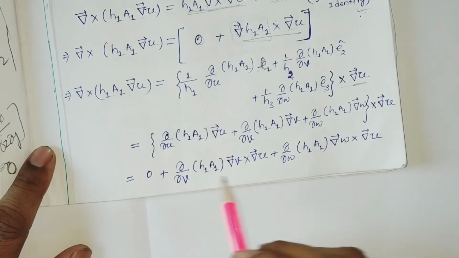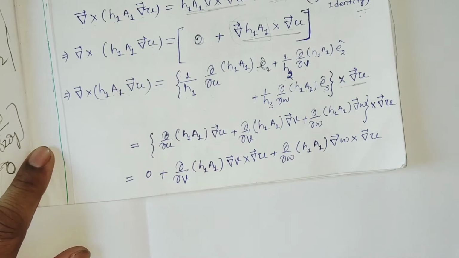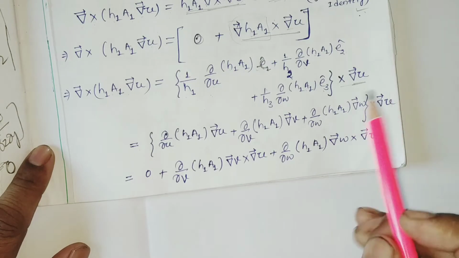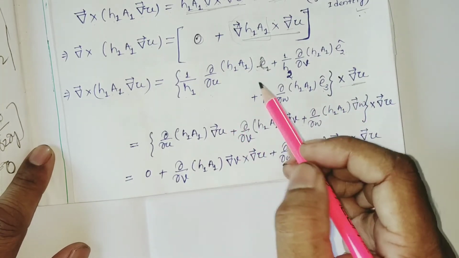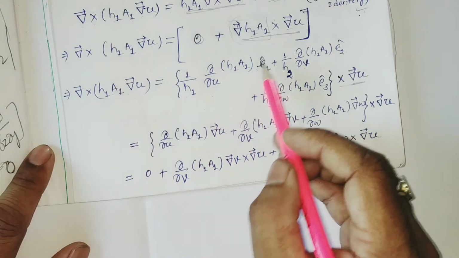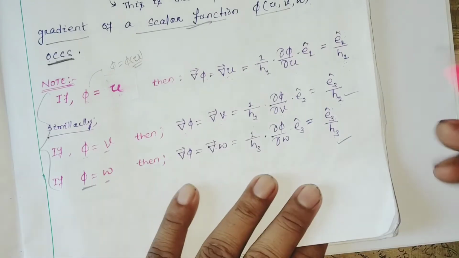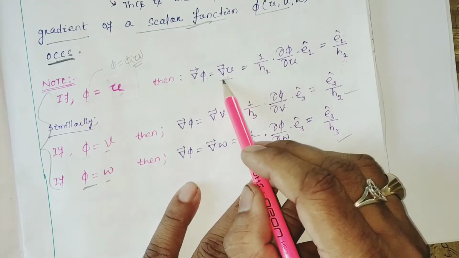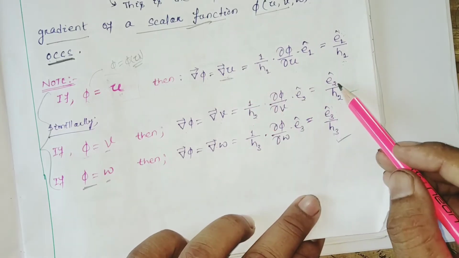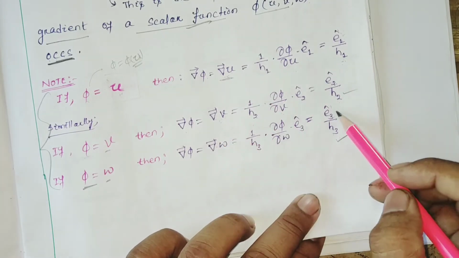So before that we are going to do something. Here you can see e1 cap by h1, we know its value: e1 cap by h1 is nothing but del u. So instead of e1 cap by h1, we can write del u. E2 cap by h2 is del v, and e3 cap by h3 is del w.